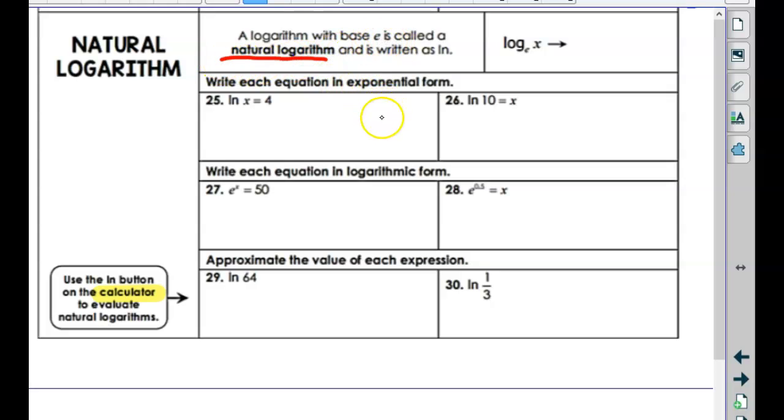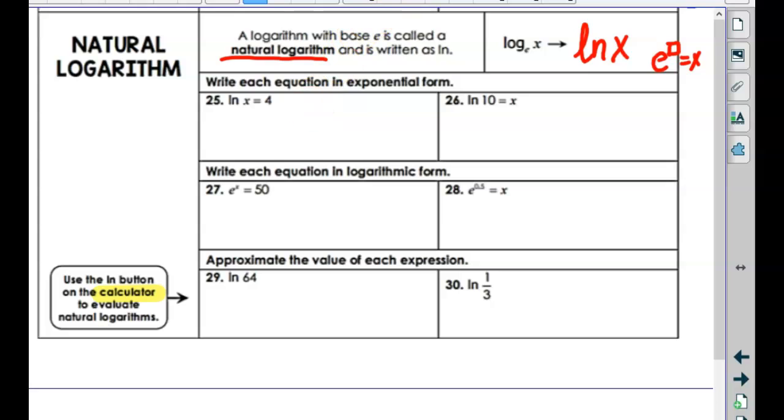Remember, e was that, anybody remember approximately what e was? 2.7 something? Yes, okay. So log base e is just written ln of x, and it means e to what power is x? But it's written ln, it's not usually written log base e. There's a shortcut.